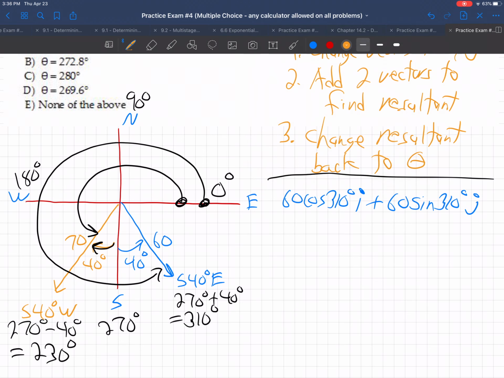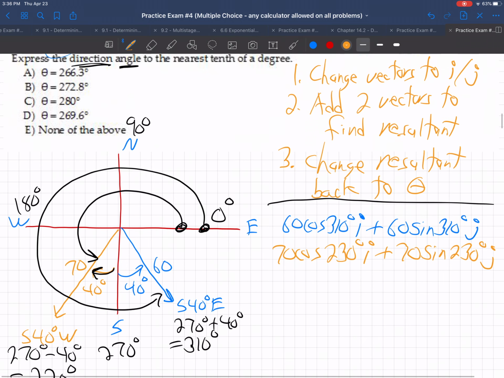So that's going to be, bring that over here, 70 cosine 230 degrees I plus 70 sine 230 degrees J. So there we go. There's the first step. Change the vectors to ij using their actual angles from 0 degrees.